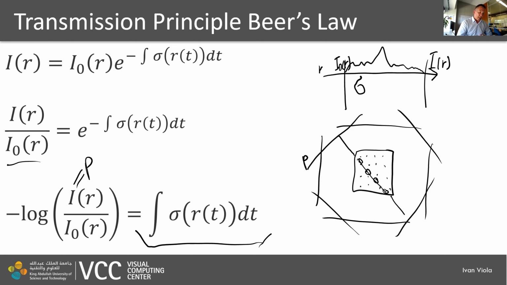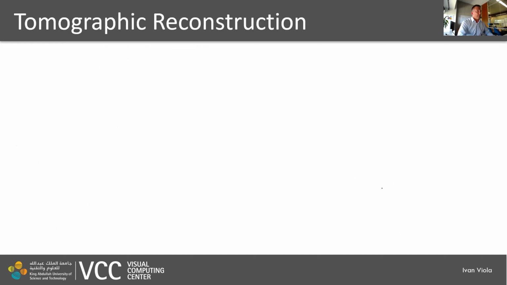As we have a lot of projections, we can use various iterative optimization techniques, or non-iterative techniques as well, in order to reconstruct the volume. How is this done?